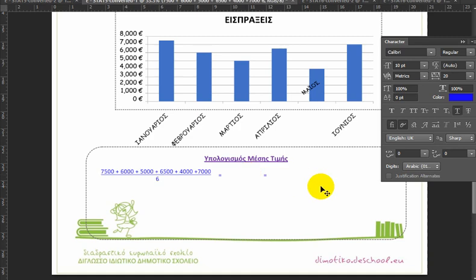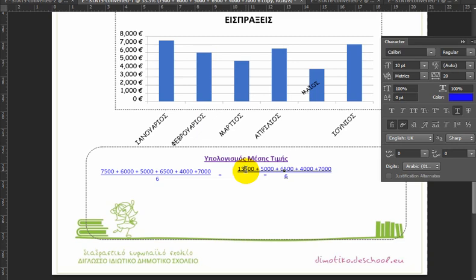Let's take this fraction, figure out what the numerator is. 7,500 plus 6,000 is going to give us 13,500. Then plus 5 is going to give us 18.